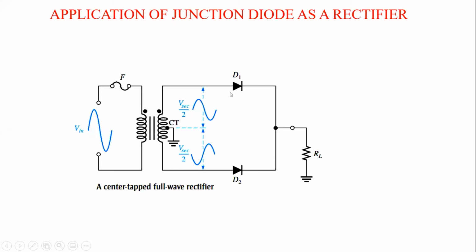In the same way, you attach two diodes, one to one end of the transformer and one to the other end. There are three terminals: one diode on one terminal, another diode on another terminal, and the third is grounded. When they join together, you attach a load resistor where you can take the output.